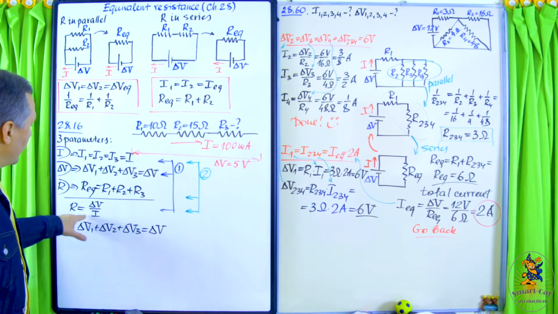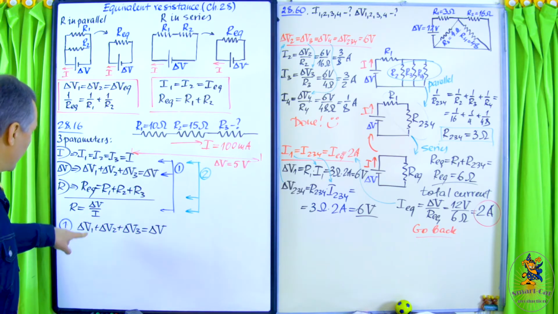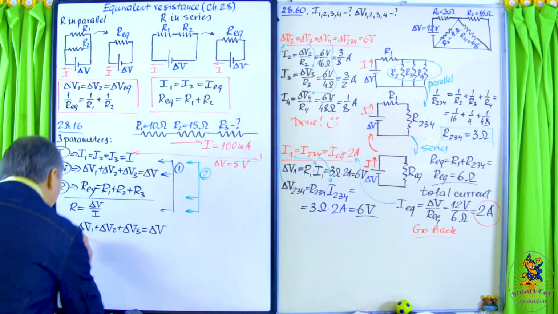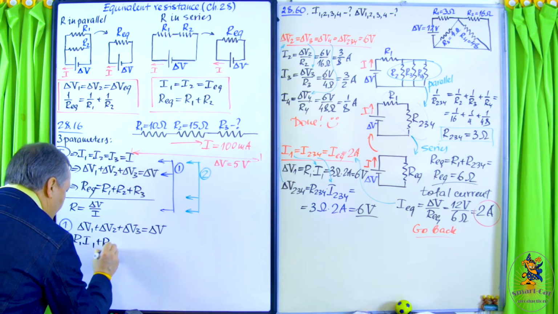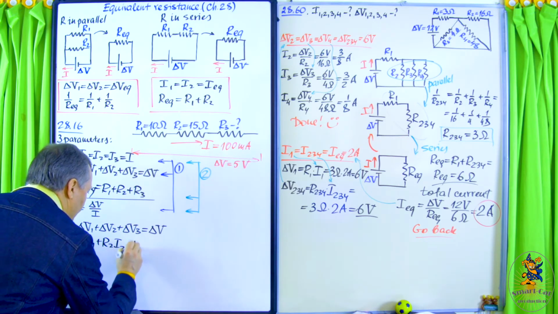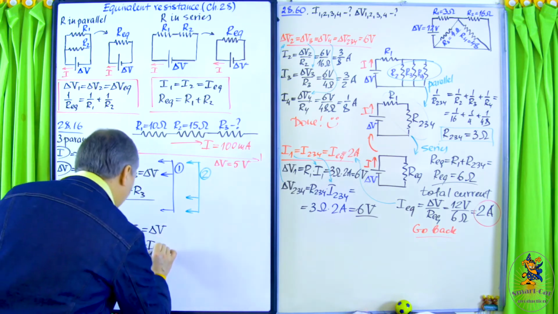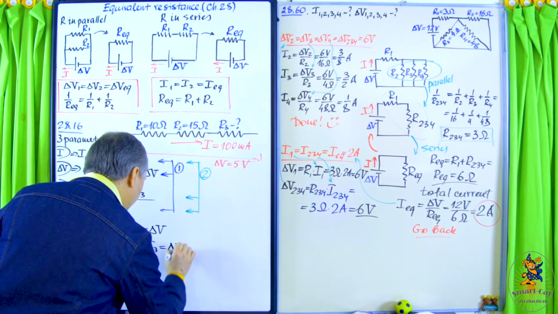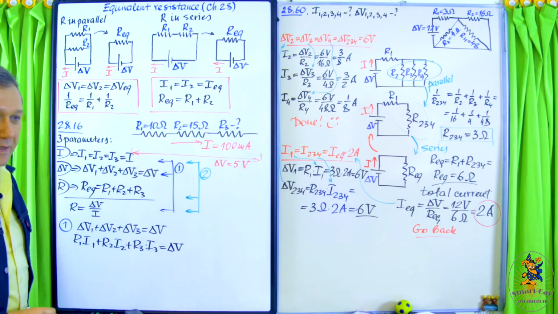And of course, that can be done through Ohm's law. Right? So we can write this as R1 times I1 plus R2 times I2 plus R3 times I3 equals delta V. So we just use Ohm's law from method number one.